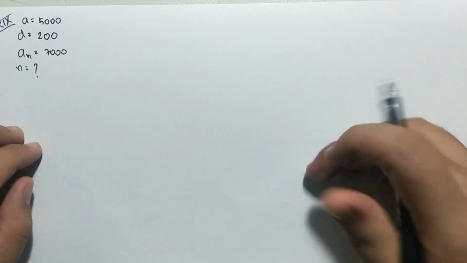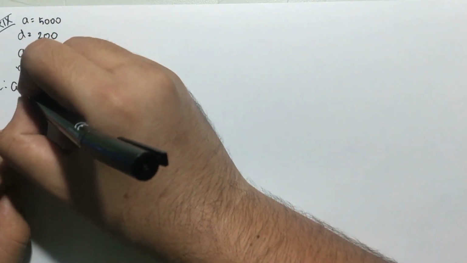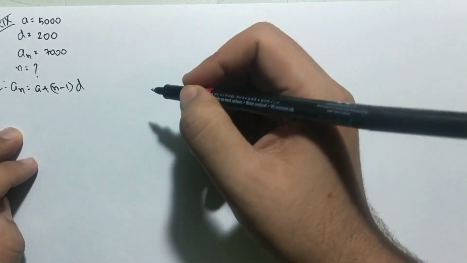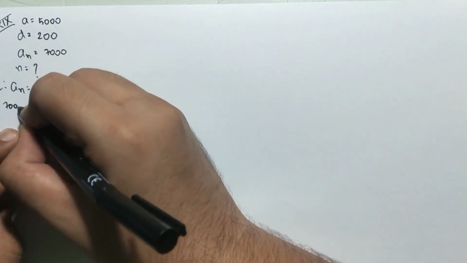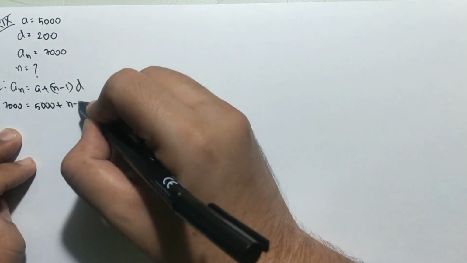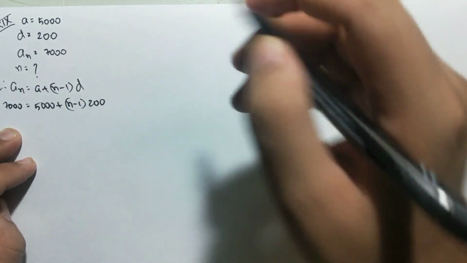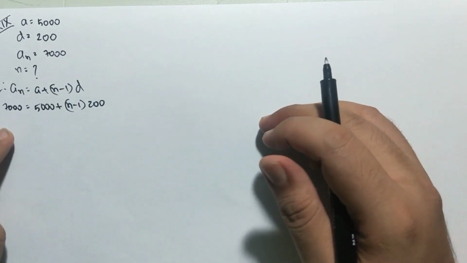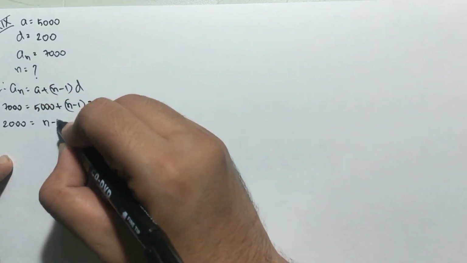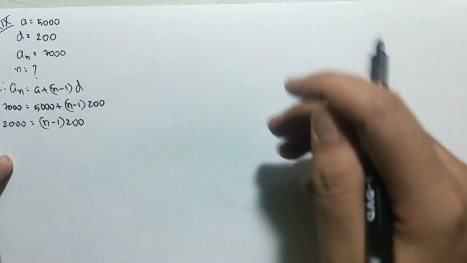Easy? Understood? So therefore, an equals a plus n minus 1 d, that is 7,000 equals 5,000 plus n minus 1 into 200. This 5,000 will go on that side and get subtracted. So it will be 2,000 equals n minus 1 multiplied by 200.